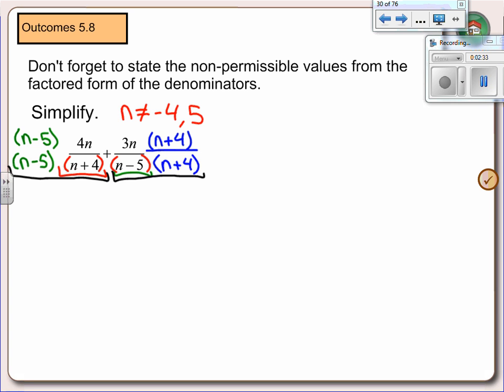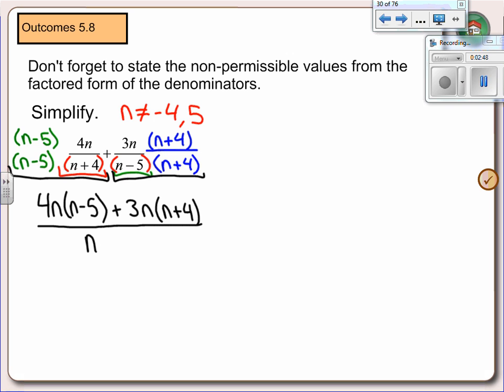So we could rewrite this as 4n times n minus 5 plus 3n times n plus 4, all divided by n minus 5, n plus 4. Now that we've combined our fractions, that's like half the battle.